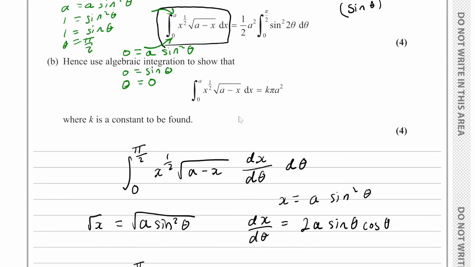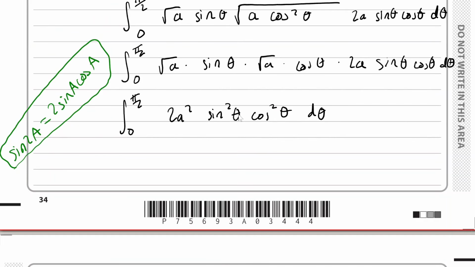Do I want that squared? I want that squared. So sine squared 2a, if I square both sides, is 4 sine squared a cos squared a. I don't quite have 4 sine squared a cos squared a.